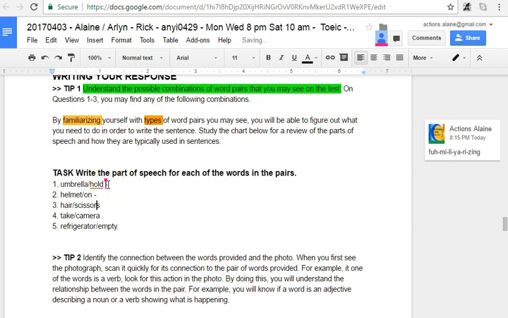Then, in order for you to separate the words, or prepositions, of course, you have to put a slash, like this. For example, umbrella is a noun, and hold is a verb, because it's an action word. Now, please do number 2 until number 5 and determine what part of speech they belong to.